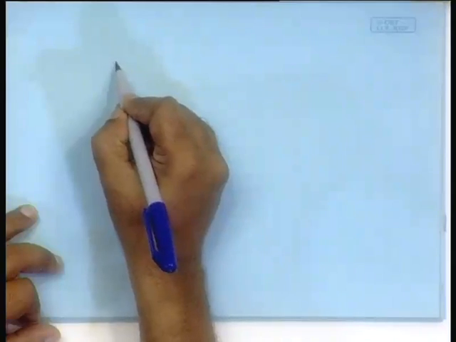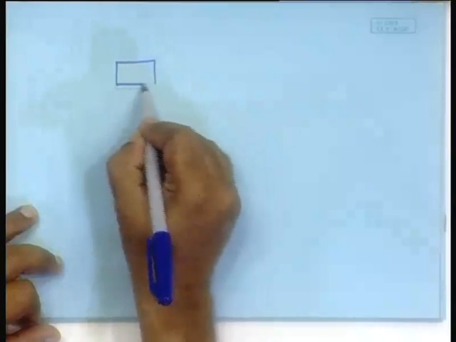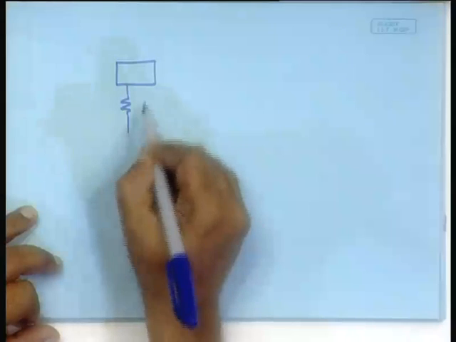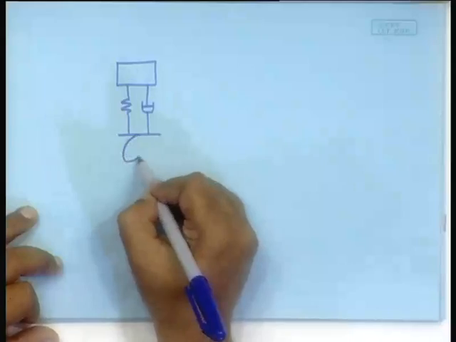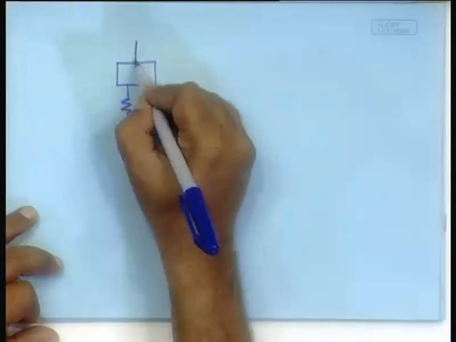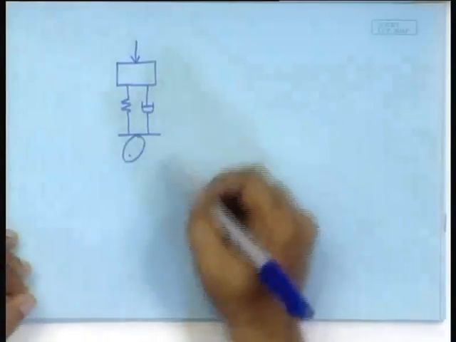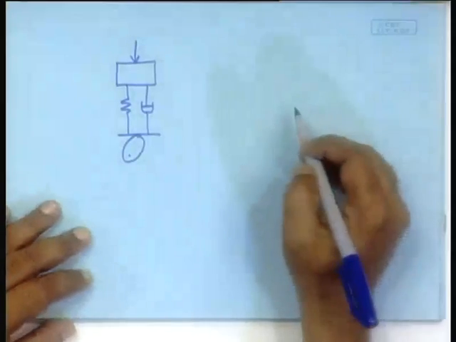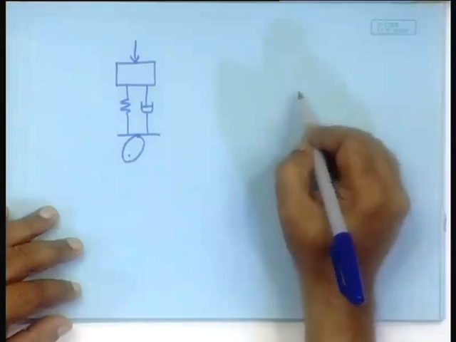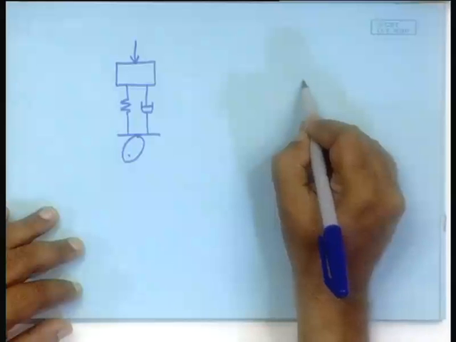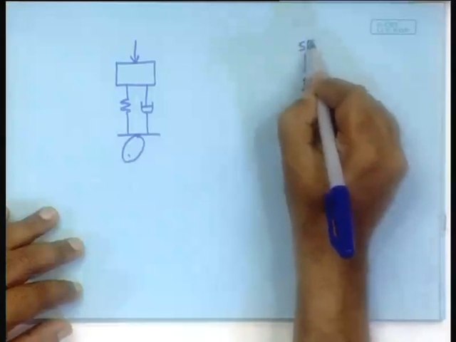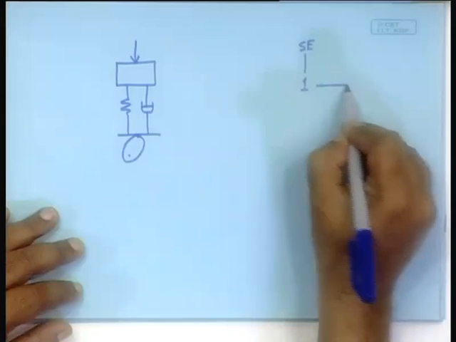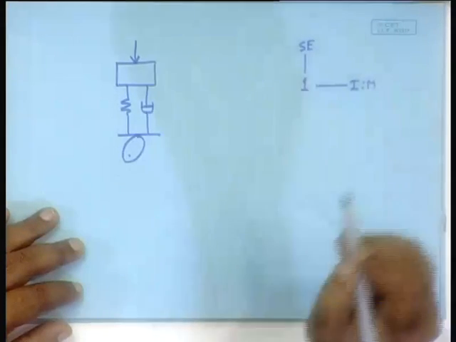One example can be, say, a simple mechanical system with a mass, spring, damper arrangement with a cam down there with a mass. So, we know how the bond graph is. Just let me do it fast. It will be first here a one junction connected to the SE, connected to I, which is the mass.